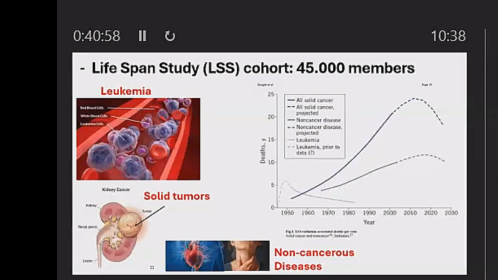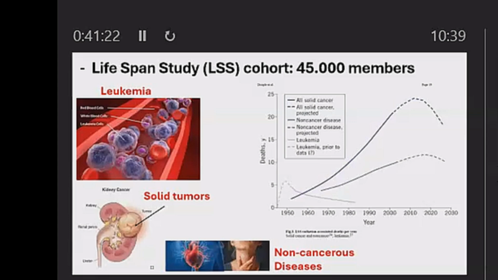And when we're talking about chronic radiation effects, we're talking about three things. Firstly, leukemia. Remember, leukemia is cancer of your blood cells. It's not a solid tumor. It's a cancer of your bone marrow and the cells themselves.